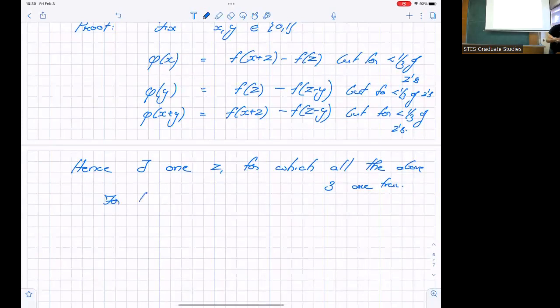For that z, notice that it will show you that phi of x plus phi of y equals phi of x plus y. You just added. For one z, all the 3 equations are simultaneously true. Then you do have phi of x plus phi of y equals phi of x plus y. That's the reason why I needed 2/3.